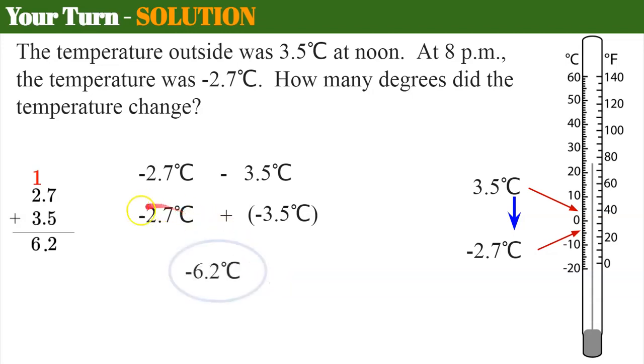So our temperature change, remember they were both negative, it dropped, right? It went down, so negative 6.2 degrees Celsius. So that makes sense though. It went 3.5 and another 2.7, but it's a drop, so it's negative 6.2 degrees Celsius.